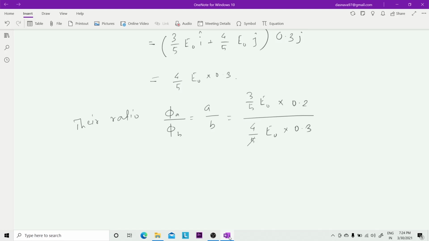Again 5 cut जाएगा. After solving, I think everyone can solve this. E0 is cancelled. So we get A by B equals 0.5 of this ratio.